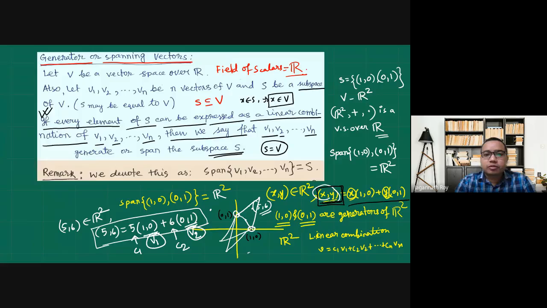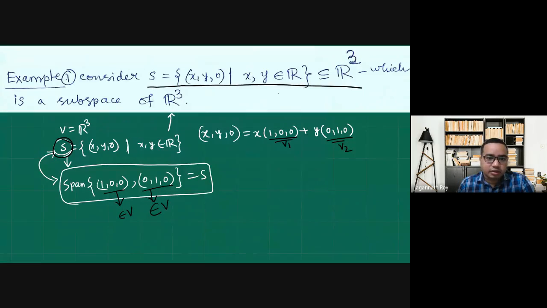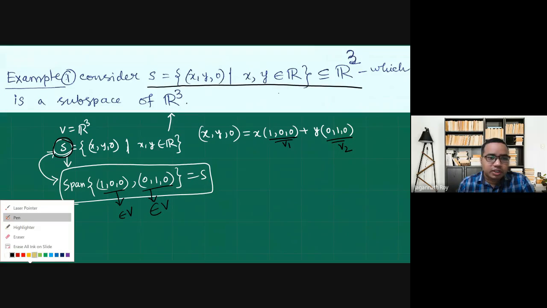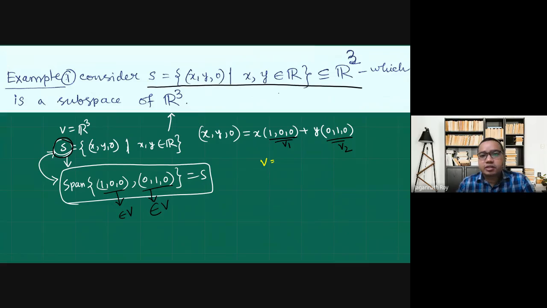If we think about the three-dimensional space, V is our three-dimensional space. Then in order to span this whole space, we need to think about three vectors. A subspace can be generated by two vectors, but without these three vectors we cannot span this whole space.